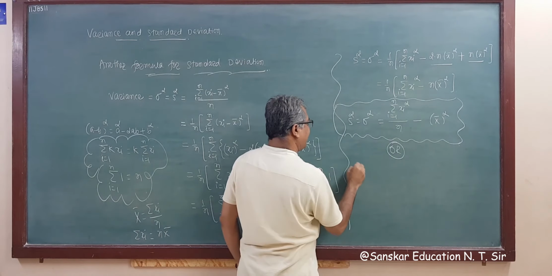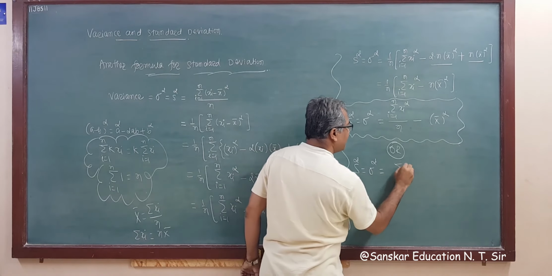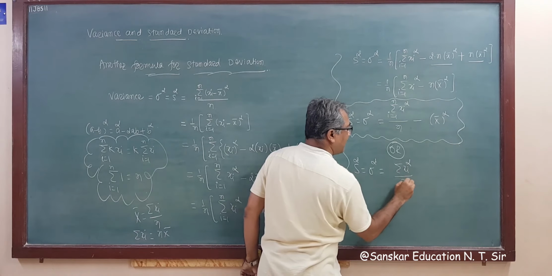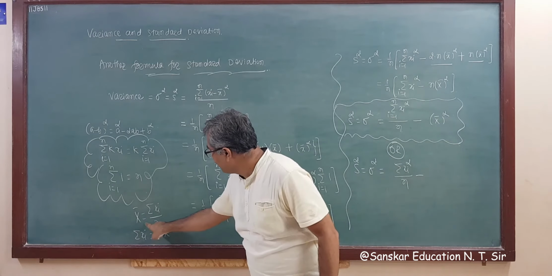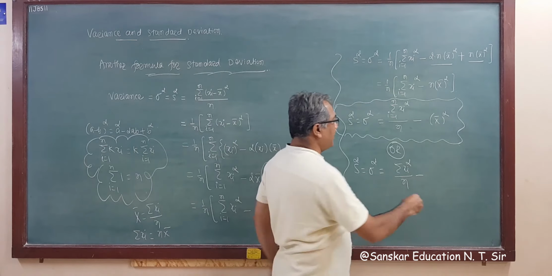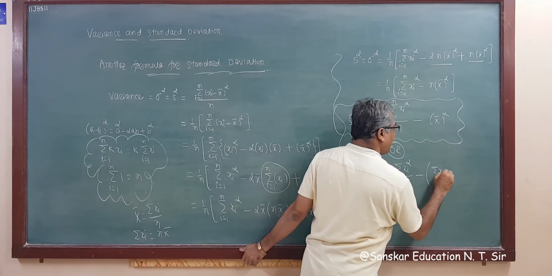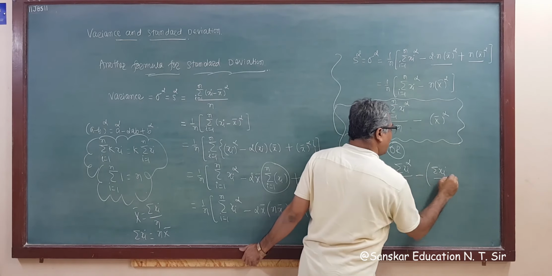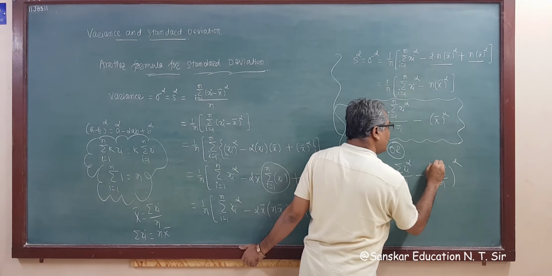Either for variance, s square is equal to sigma xi square upon n minus x bar whole square, where x bar is sigma xi upon n, with i running from 1 to n.